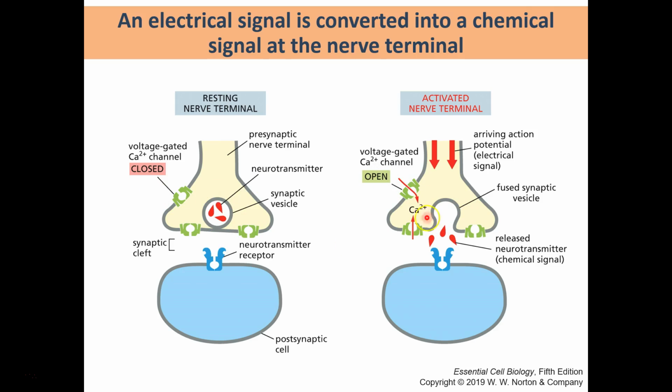As the calcium ion goes in, when there is an activated nerve terminal, the voltage gated calcium channels open up, calcium goes in, and the vesicles containing those neurotransmitters will fuse to the plasma membrane and release their contents into that small space in between the two cells called the synaptic cleft. And that synaptic cleft is where it will find the receptor for that neurotransmitter that can bind to it and then activate the postsynaptic cell in response.